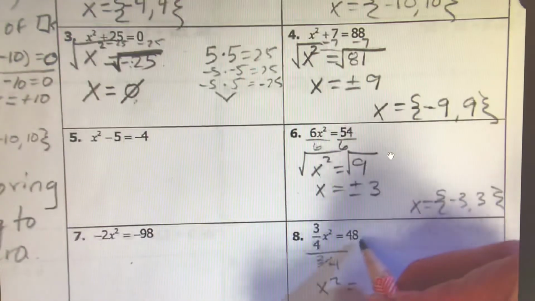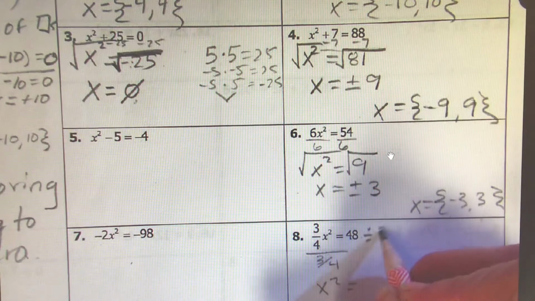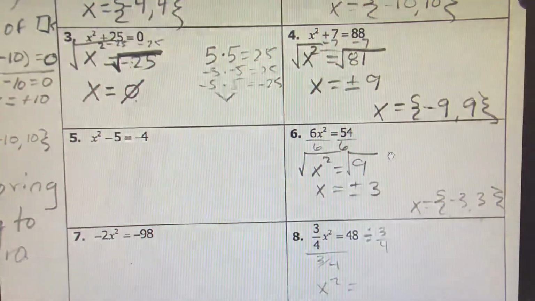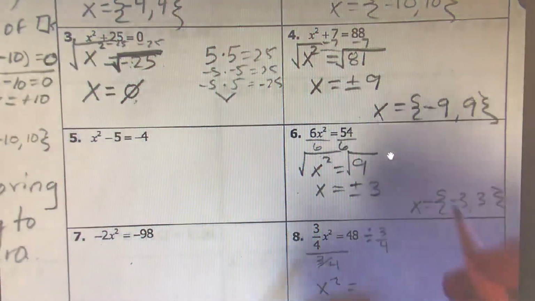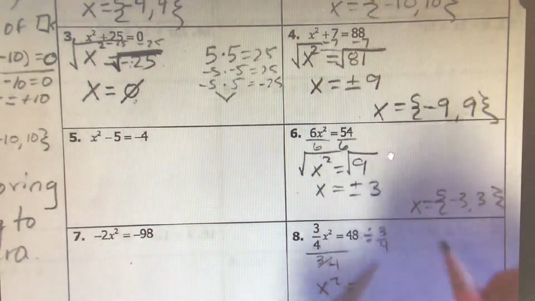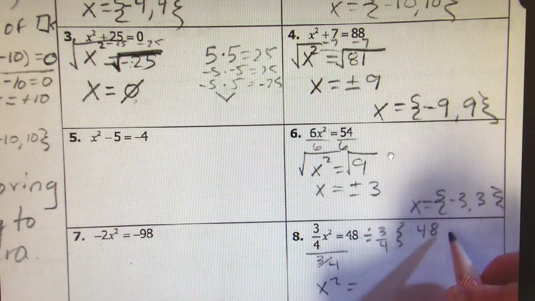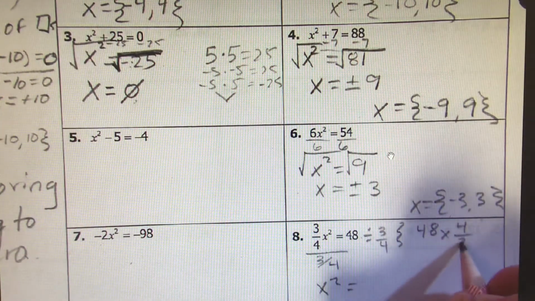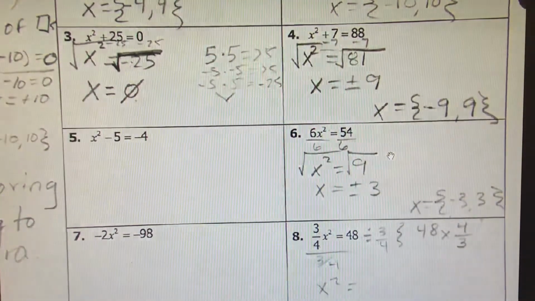If I have to divide 48 divided by 3/4, I could solve that by doing this, right? This also means 48 times the reciprocal. Well, does 3 go into 48?